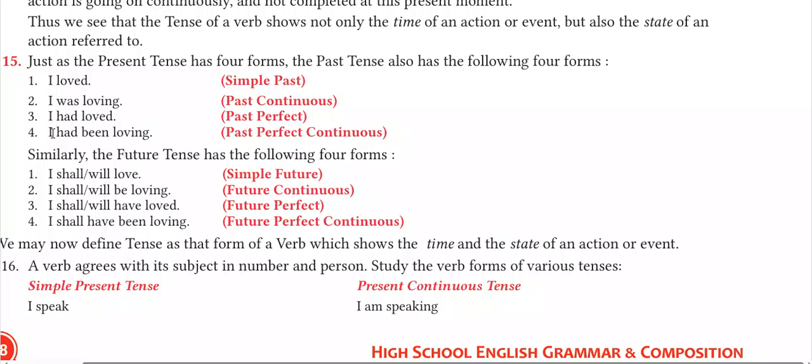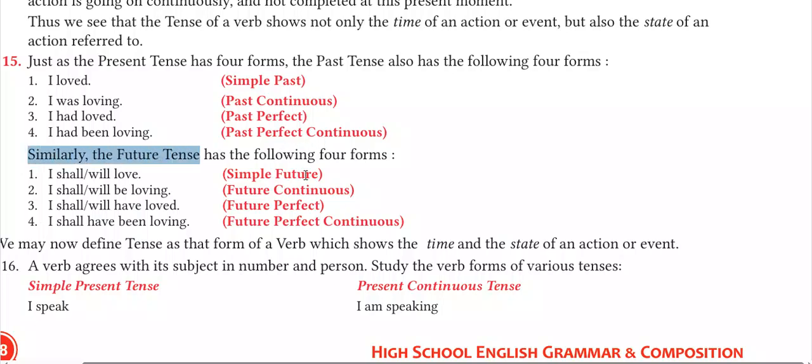Now the past perfect continuous tense is such a tense as I had been loving. In the past, this action remained continuous for a certain period of time. So here had been is the helping verb, and loving is the main verb, because that is a continuous action.